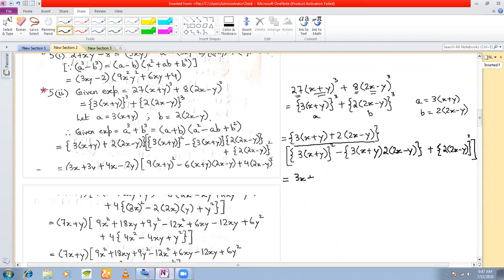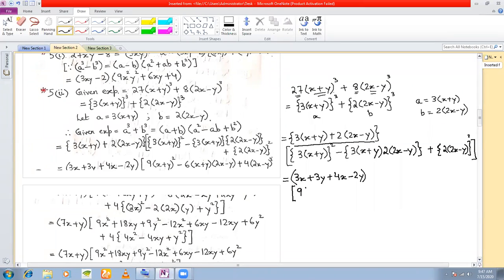3x plus 3y plus 4x minus 2y. Okay, this is done. Okay, now we'll simplify the second part of the expression.